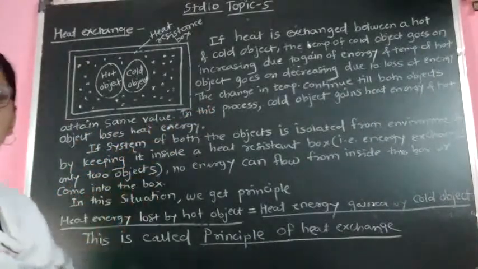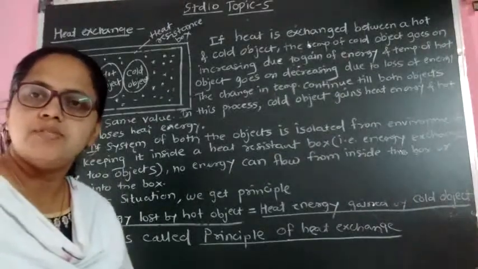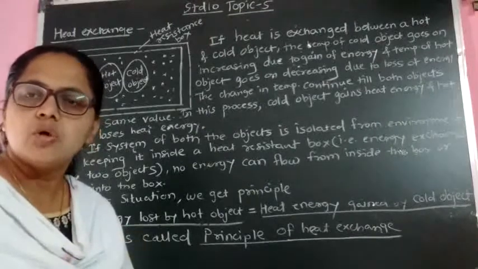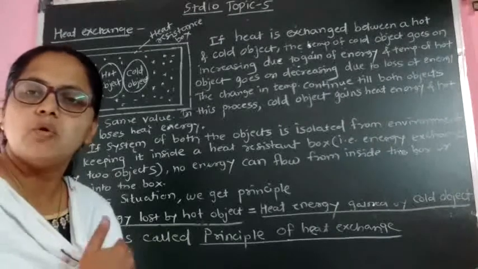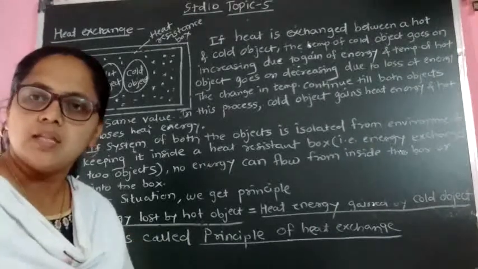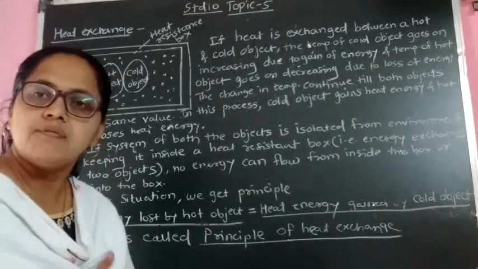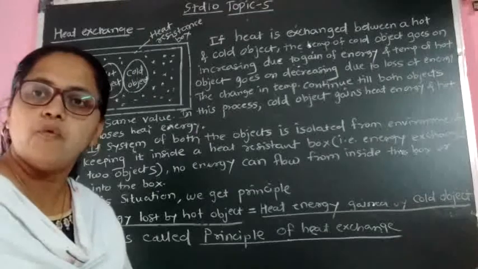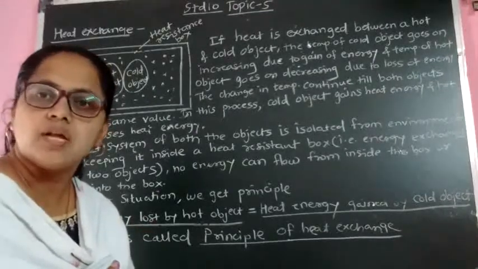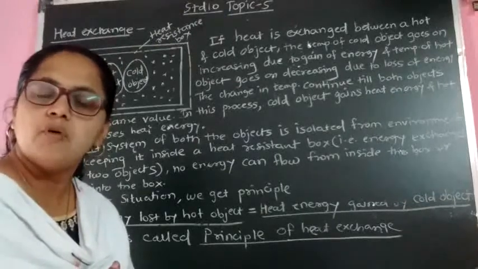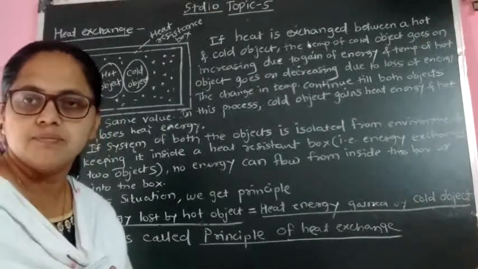It means that, suppose the temperature of the hot object is 80 degrees and the temperature of the cold object is 10 degrees. Energy gets transferred from the hot object to the cold object till both attain the same temperature. If the temperature of the hot object is now 40 degrees and the cold object is also 40 degrees, then there is no transfer of heat energy. If both objects have the same temperature, there is no transfer of heat energy.